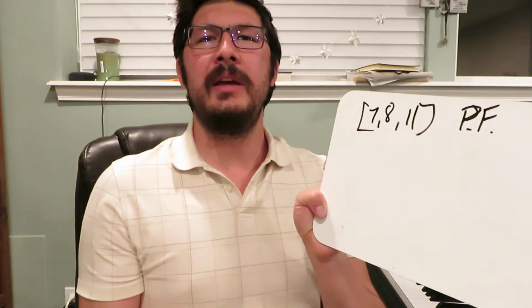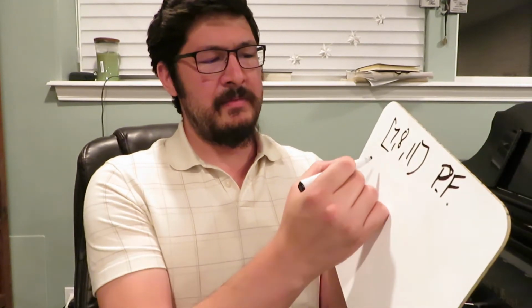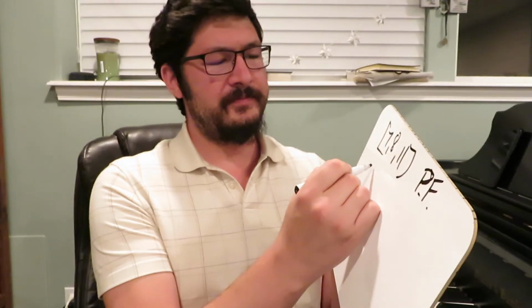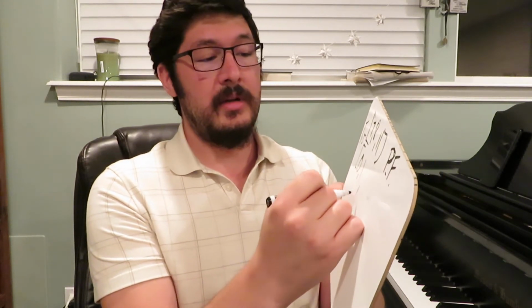What number would we transpose this by? 7 plus what equals 12? 5. T5 is the magic number. That gets us 7 to 0. 8 becomes 1. And 11 is what? 11 plus 5 is 16. 16 minus 12 is 4.